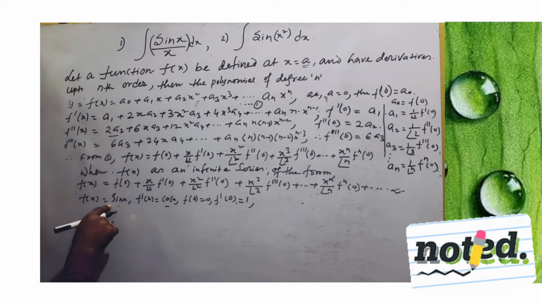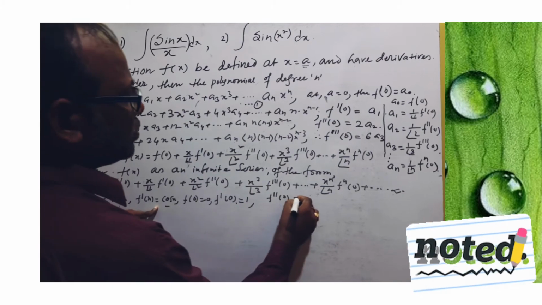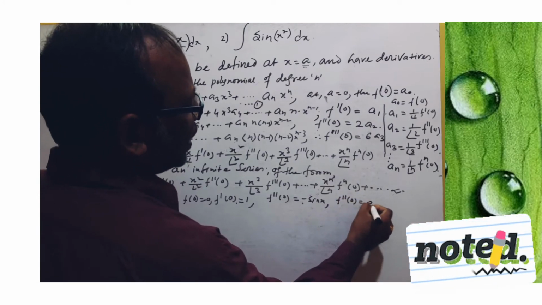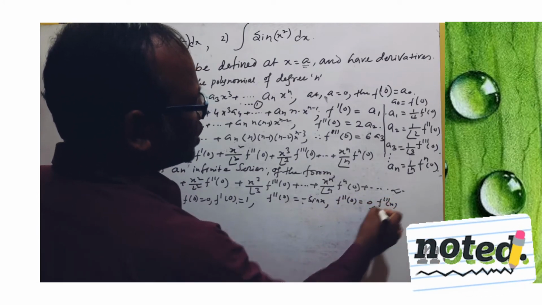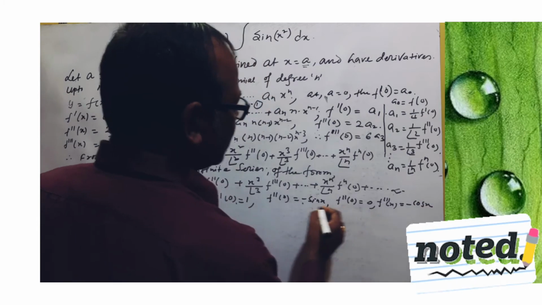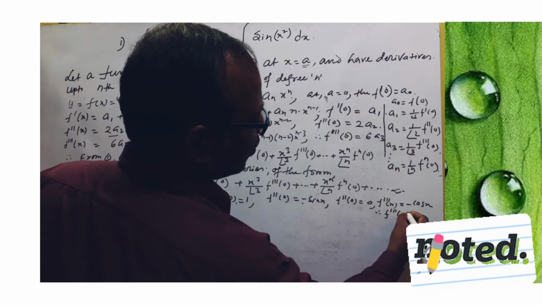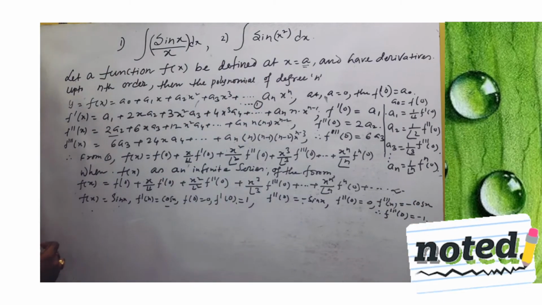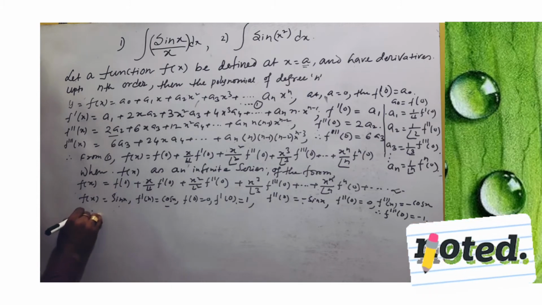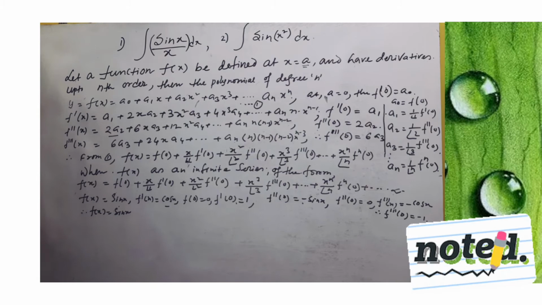Again differentiating, f double dash 0, we get minus sine x, which at 0 is 0. Doing the third order differentiation, we get minus cos x, therefore this is minus 1. Similarly we get the series here, therefore f of x is equal to sine x.